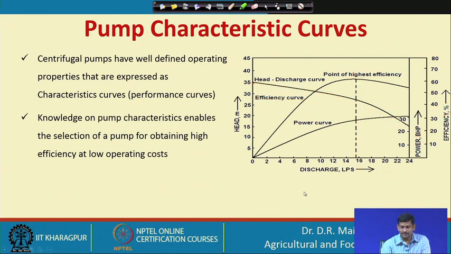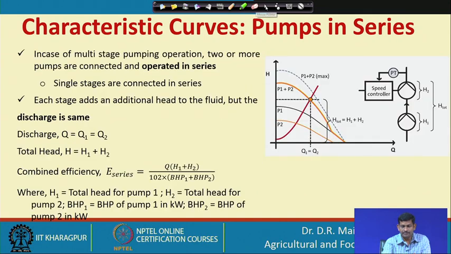And then the next is, what happens to the characteristic curves when you connect the pumps in series and when you connect the pumps in parallel. Here in this example, this is pump number 1 and pump number 2.